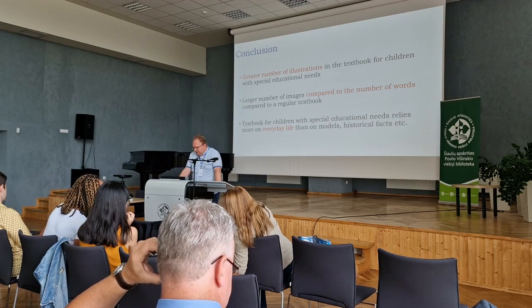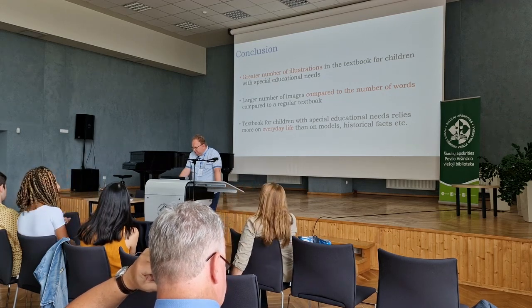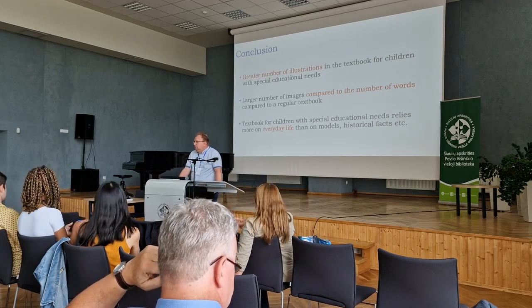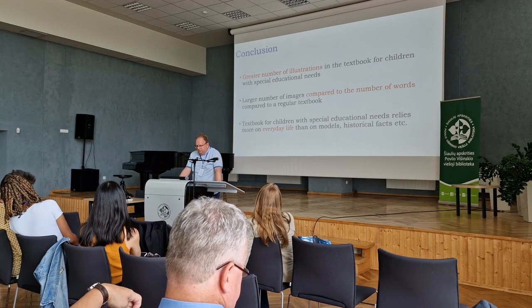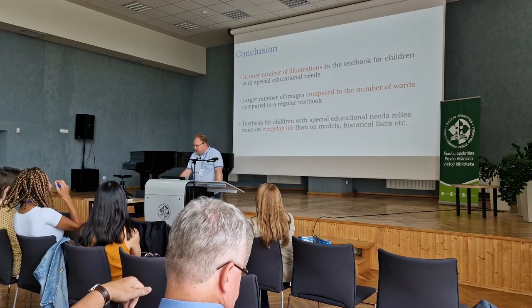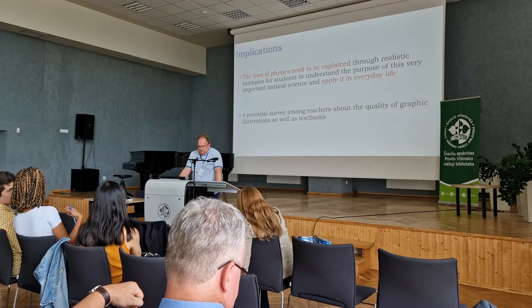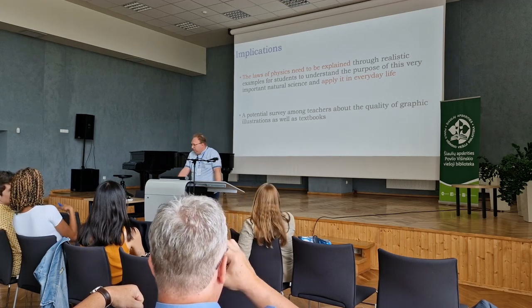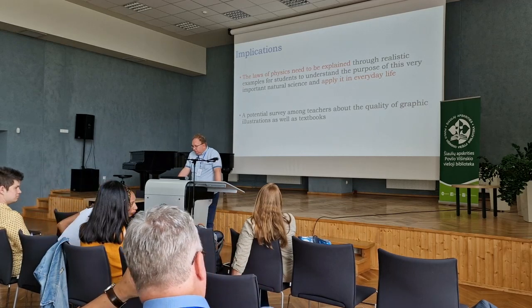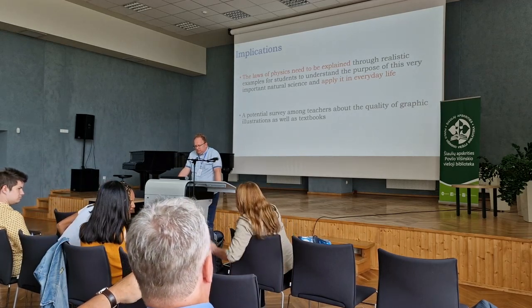And textbooks for children with special educational needs rely on pictures from everyday life rather than on models, historical facts, etc. It's quite important to explain laws of physics through realistic examples for students.